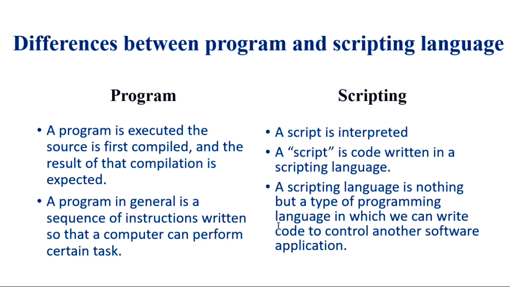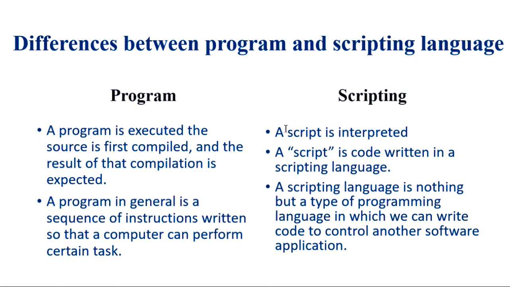So we can say that high level languages are more portable. Examples of high level languages are Python, C, Visual Basic, JavaScript. Low level programming languages are machine language and assembly language, not machine learning, machine language and assembly language.